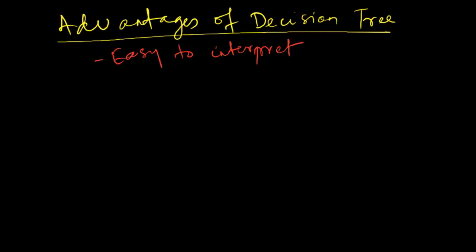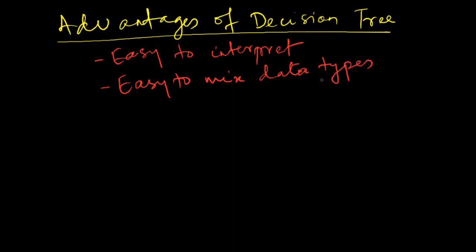The second very important advantage is that it is easy to mix data types. As I just said, decision trees can also handle symbolic attribute values. The example that we saw in this video was itself using symbolic attribute values.